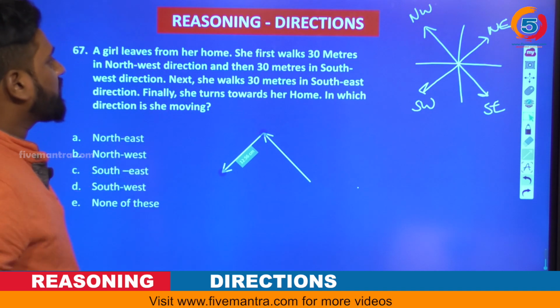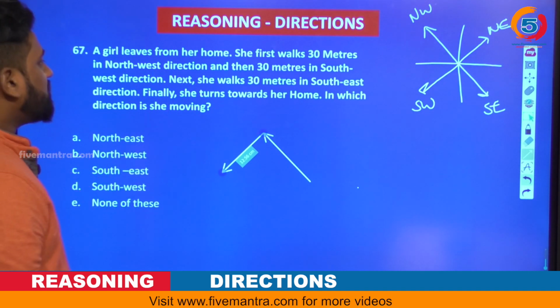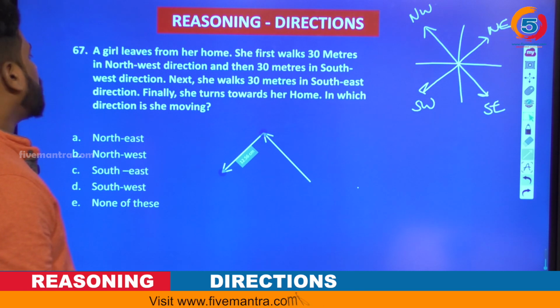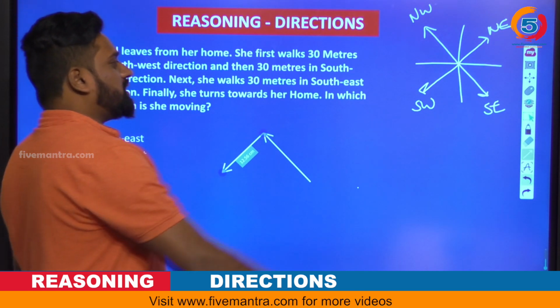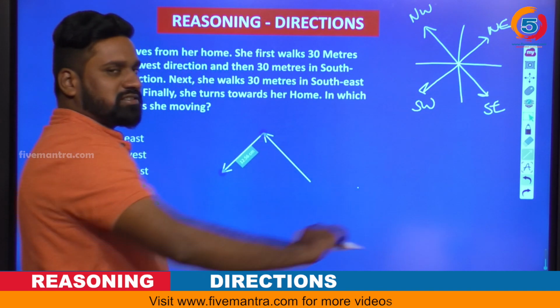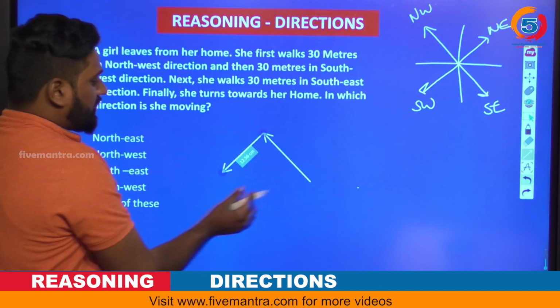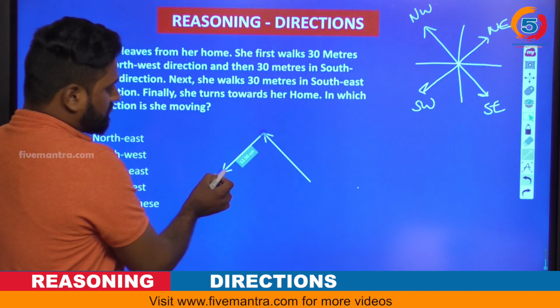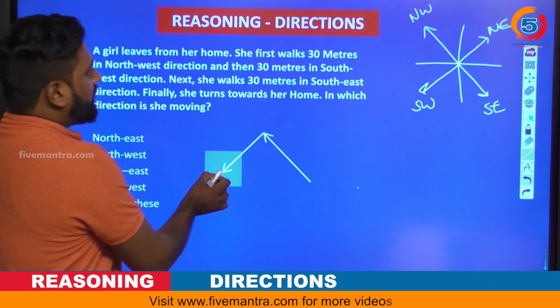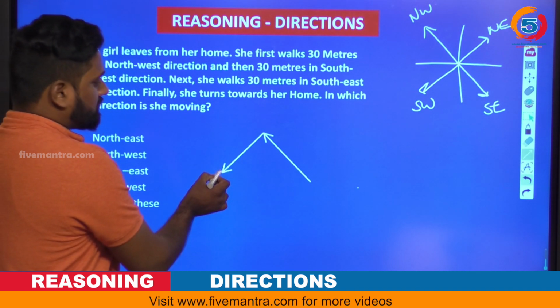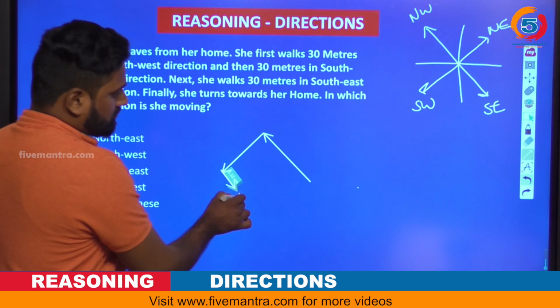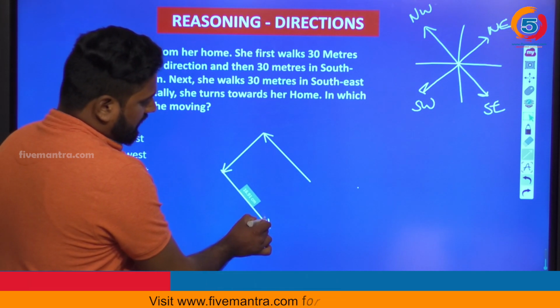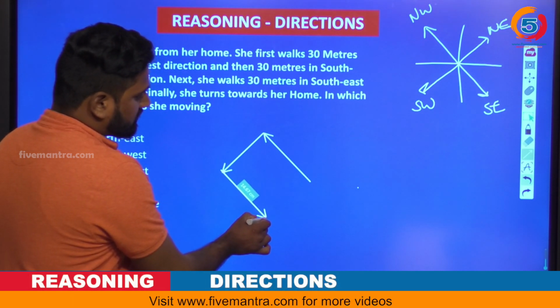Next, she walks 30 meters in the southeast direction. If you observe here, southeast means this is the direction again. So that arrow mark indicates southeast, 30 meters. Like this, she is moving southeast.